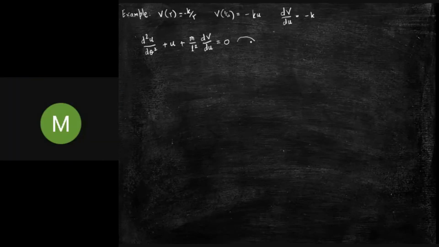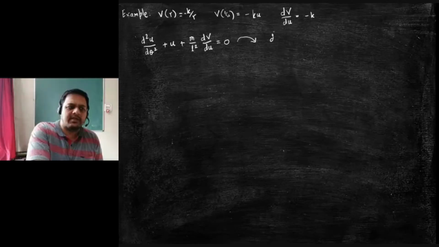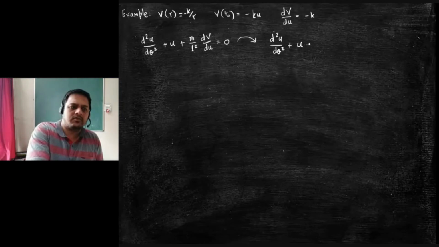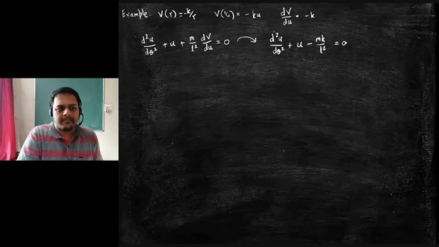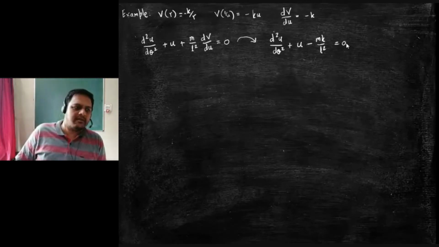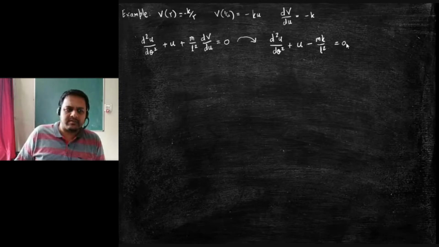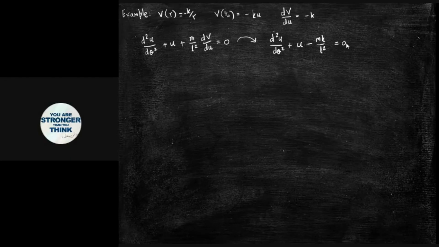So this gives you basically d square u by d theta square plus u minus mk by L square is equal to 0. Correct? Just substituted dv by du as minus k. That's all. Agreed?